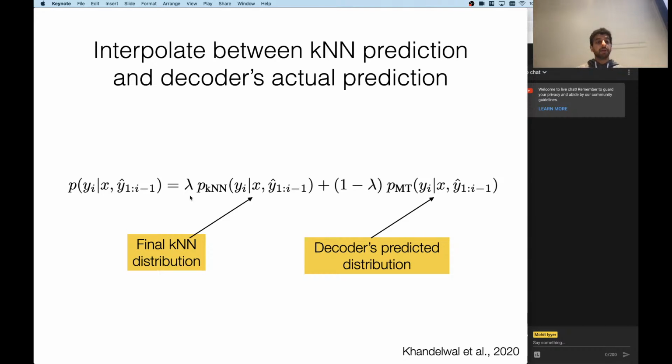You could also imagine learning this dynamically. So maybe for some inputs, you might want to rely heavily on the retrieval if it looks like it's been seen a lot in the training data. But if it's out of distribution, then perhaps you should rely heavily on the decoder's predicted distribution.